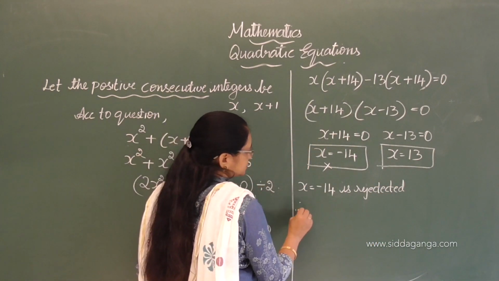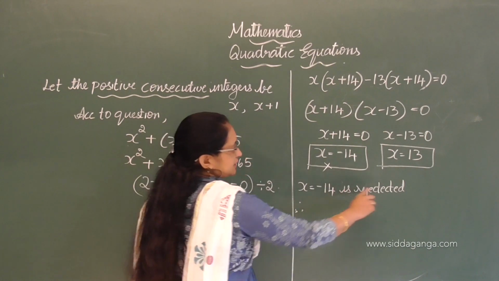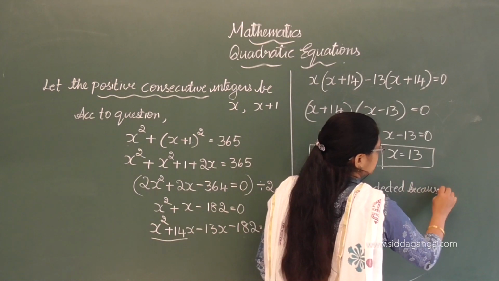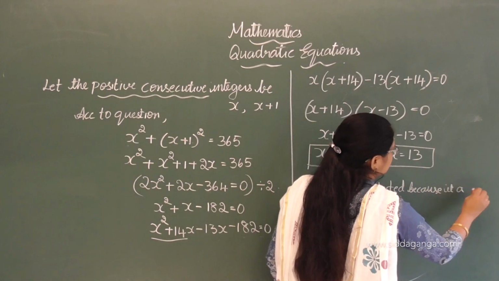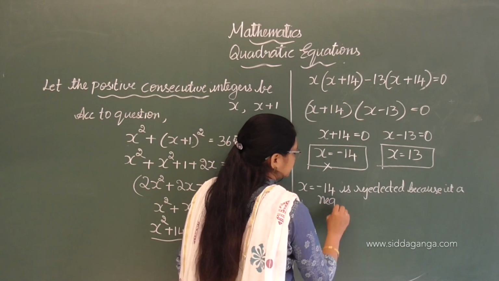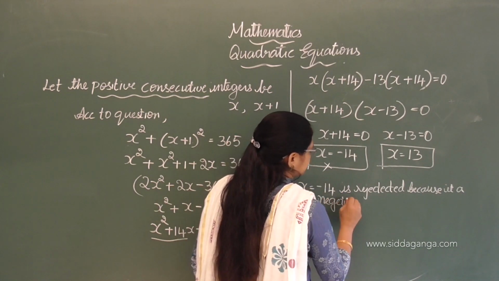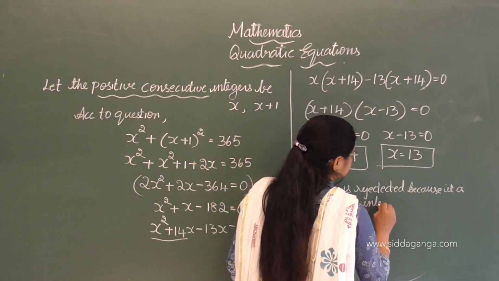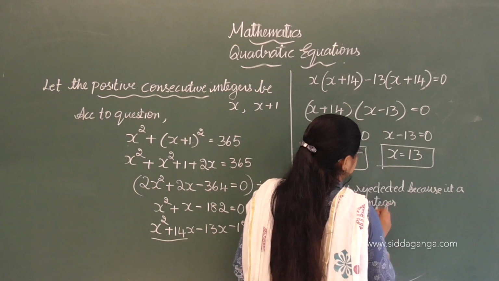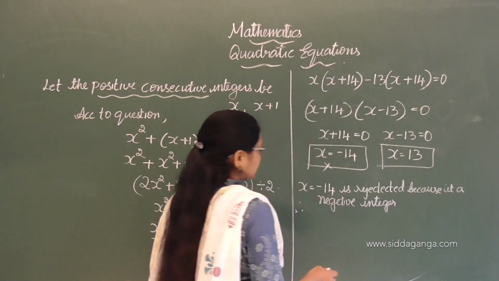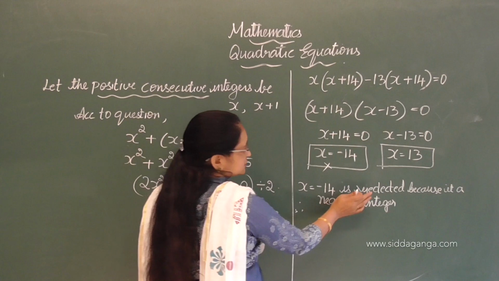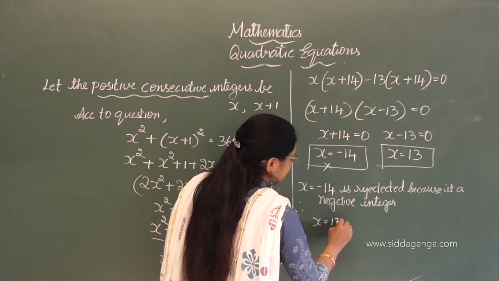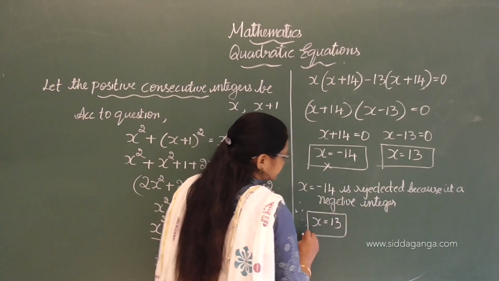Then what is the solution? Therefore, you can write here, because it's a negative integer. Okay. Now, therefore, now which is the correct one? Therefore, x is equal to 13 is the answer.